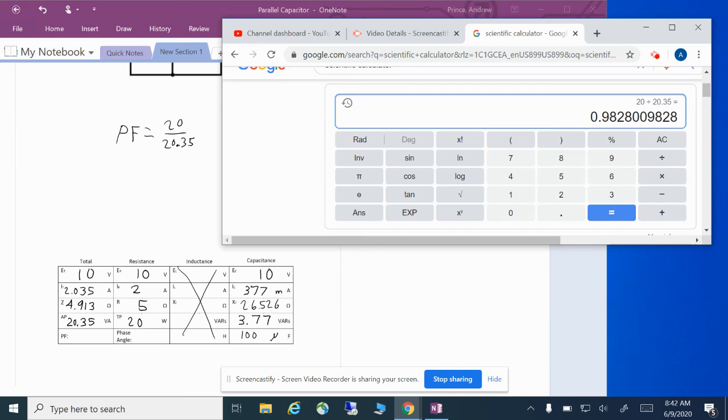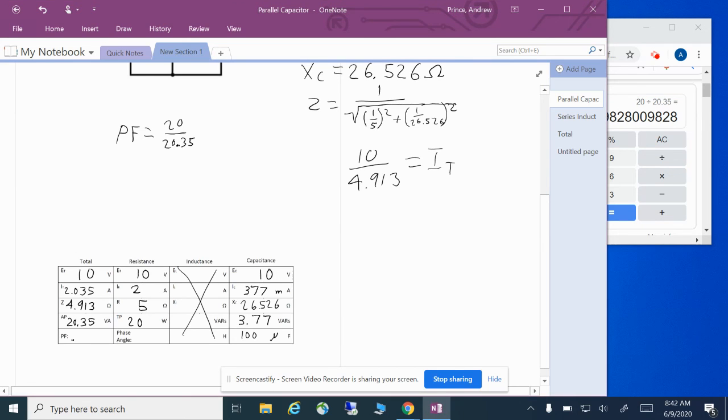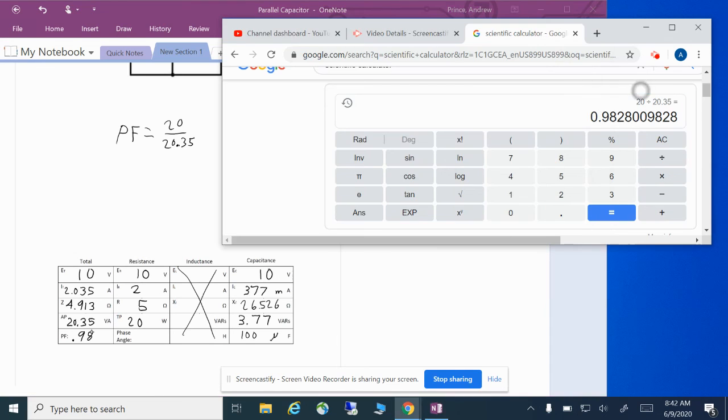And that gives us a power factor of 0.983. So we'll just call that 0.98. Usually we only do 2 decimals there on the nameplate data. And our phase angle would be pretty easy to find.